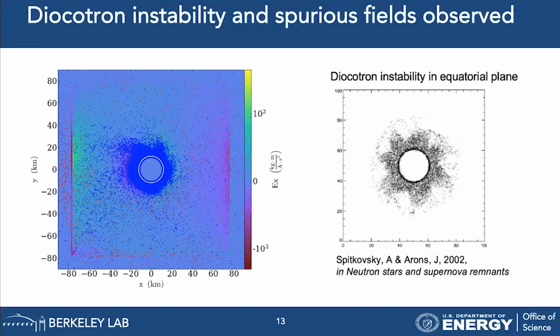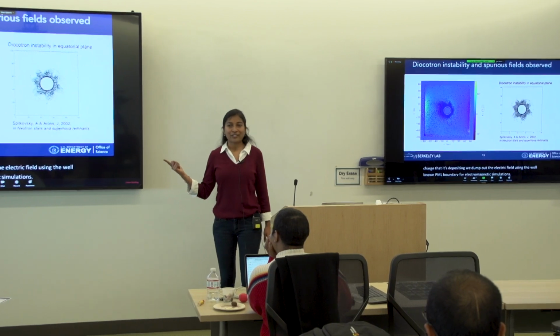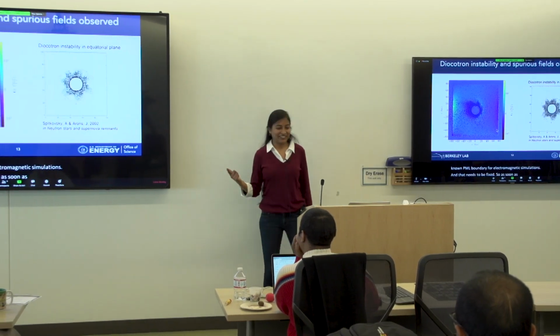We need to damp out the current and the charge that it's depositing. We damp out the electric field using the PML, the well-known PML boundary for electromagnetic simulations. And that needs to be fixed. So as soon as the symposium is over, we're going to get to it.